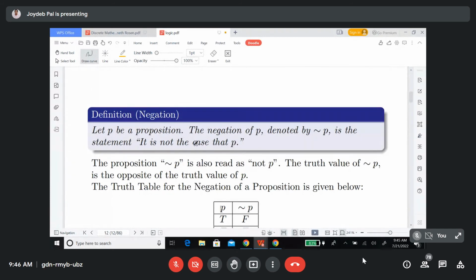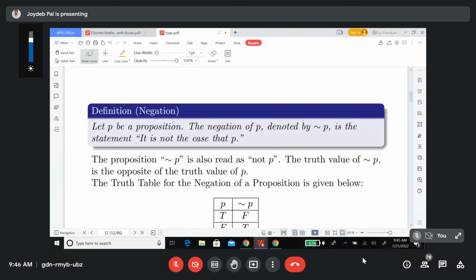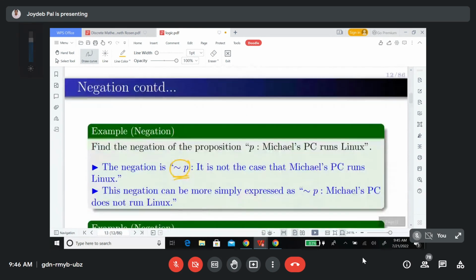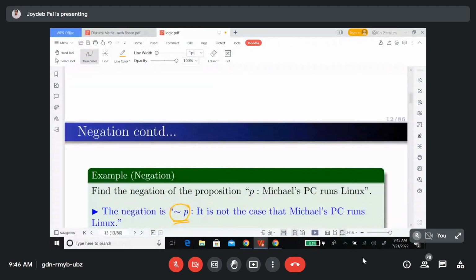Then it will always be the negation. So you write: it is not the case that Michael's PC runs Linux. That is the negation.